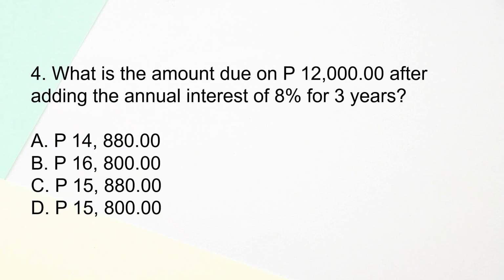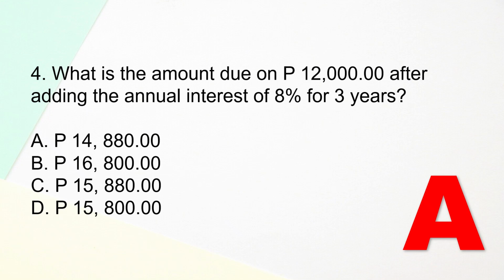Number four, what is the amount due on 12,000 pesos after adding an annual interest of 8% for 3 years? The correct answer is letter A. Let's solve this step by step carefully.